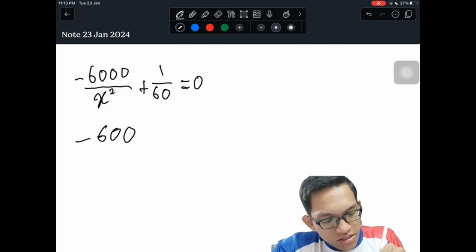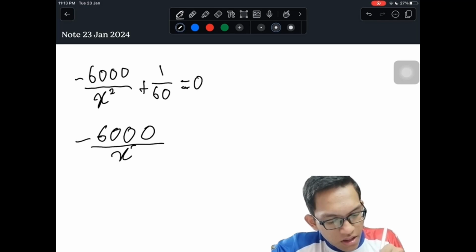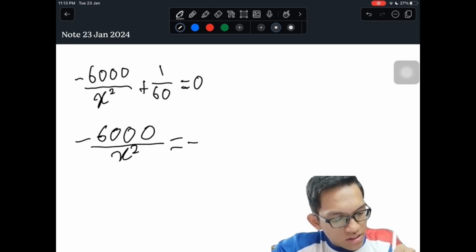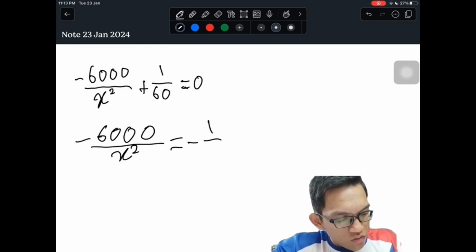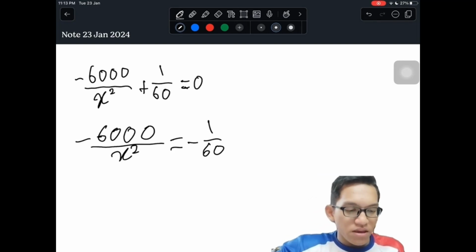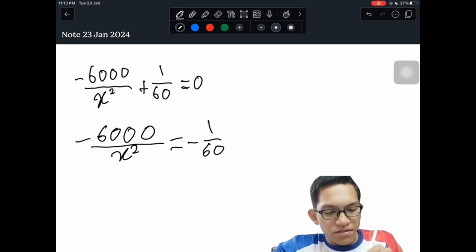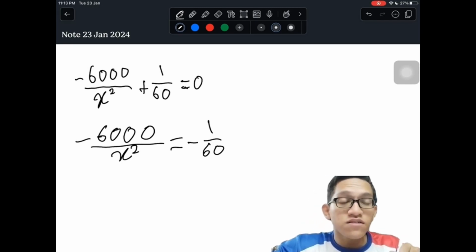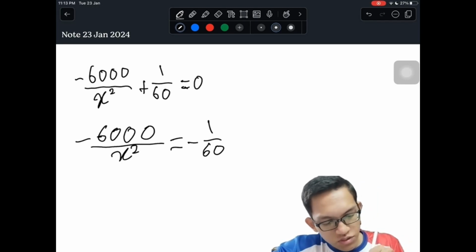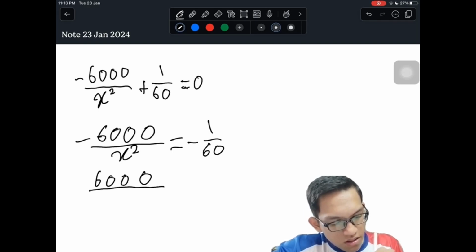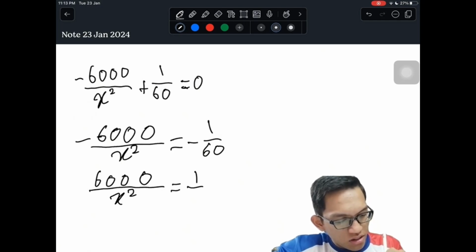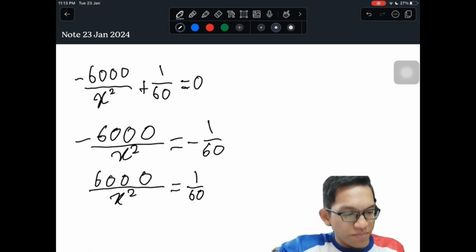So to find x, negative 6,000 divided by x square minus negative 1 over 60. If it is negative and negative, then it will be positive. So the equation will be 6,000 over x square equal to 1 over 60.